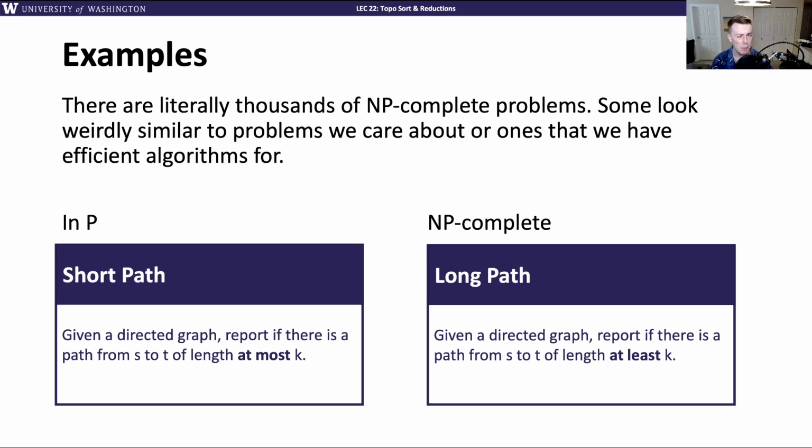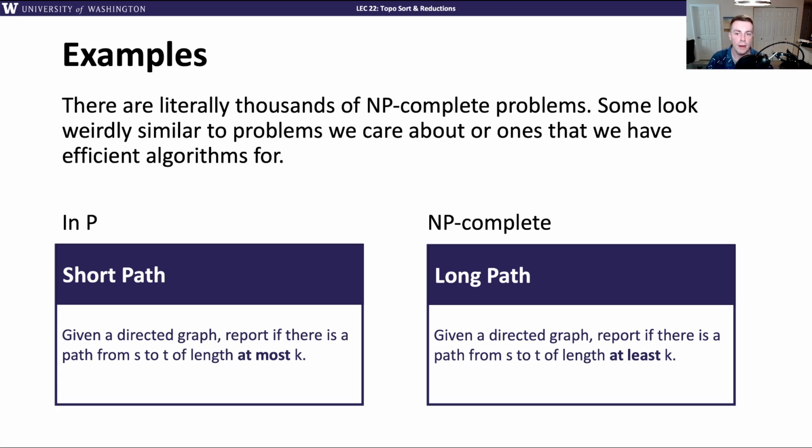And then if you just change that problem a little bit to the long path problem, given a directed graph, report if there's a path from S to T of length at least K, then everything falls apart, and now you have an NP problem. Which means this long path problem is at least as hard as every other problem in NP. It's in some sense the hardest problem in NP.